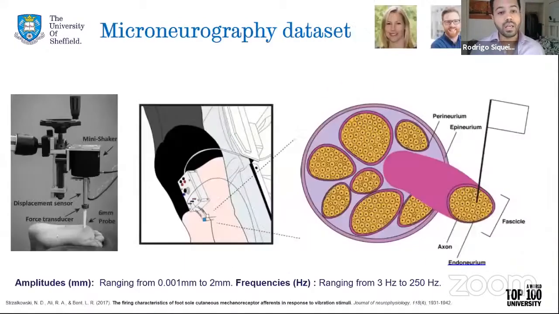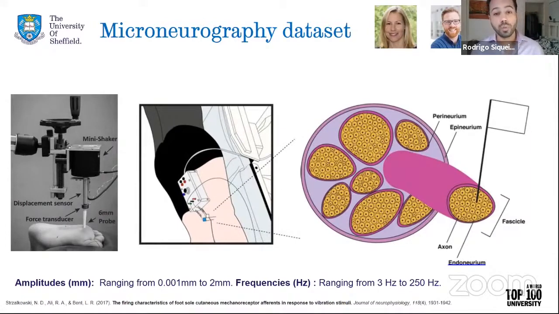Well, one way is to use microneurography, like our collaborators Leah and Nick did at Guelph University. They got participants to sit and get electrodes implanted on their nerve, and then they recorded one afferent at a time. It's actually a very hard technique to do. It takes time.